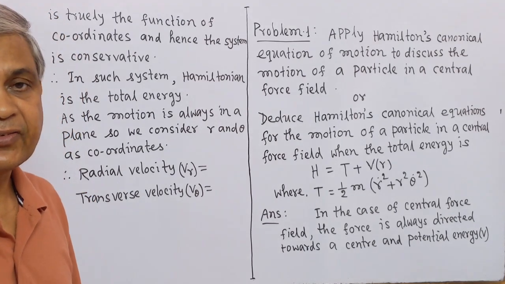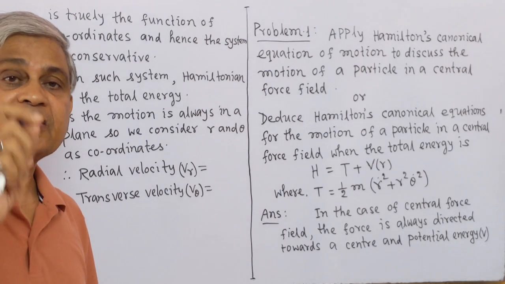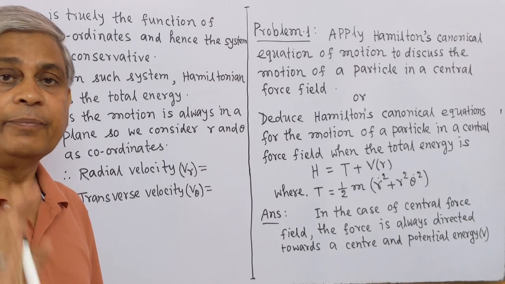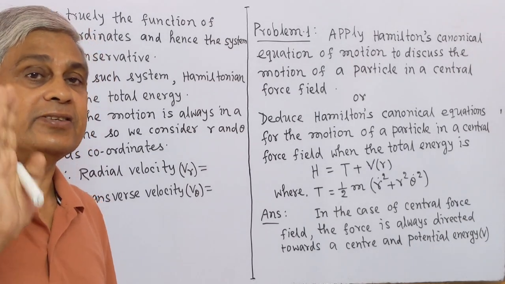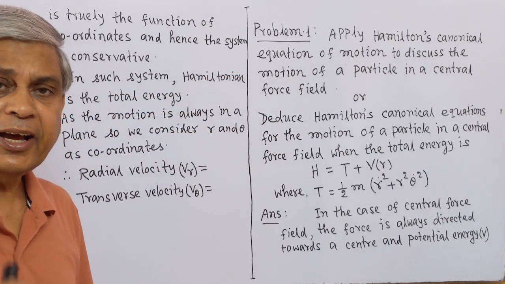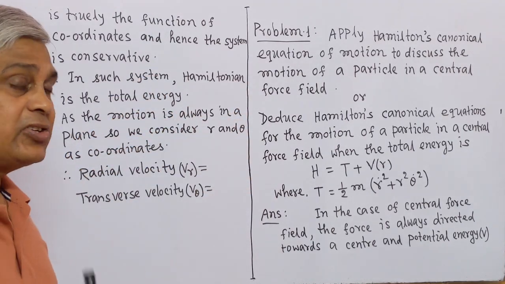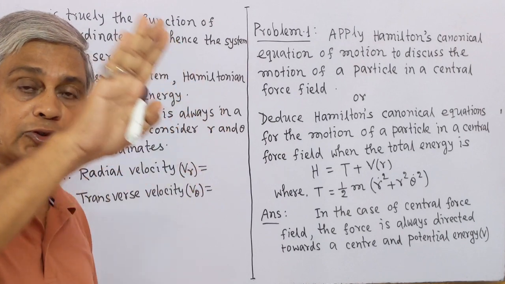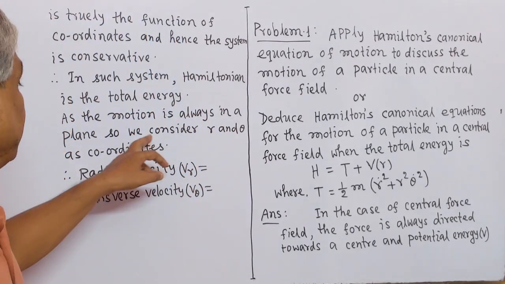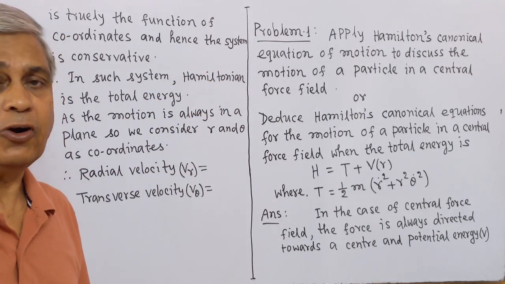When the potential energy is a function of the coordinates only and forces are derivable from the potential function, then this system is known as a conservative system. In such a system, the Hamiltonian is the total energy. In a central force field, the motion is always in a plane, so we consider the coordinates r and theta only.